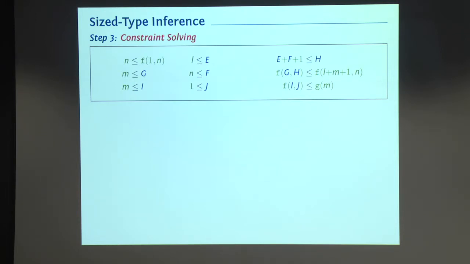So now we want to solve these inequalities. What does it mean? We want to find a solution which on the one hand consists of an assignment of size indices to these meta variables that act as placeholders, and on the other hand, an interpretation for all these so far uninterpreted function symbols.